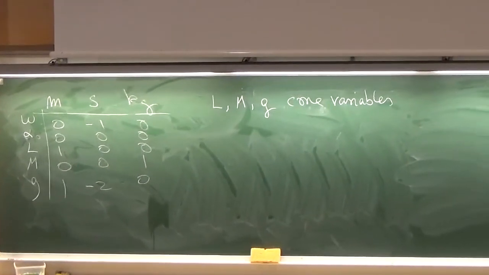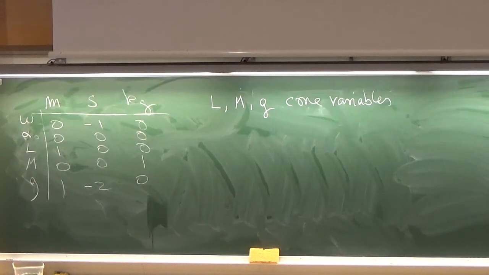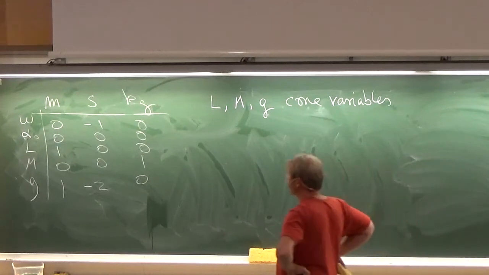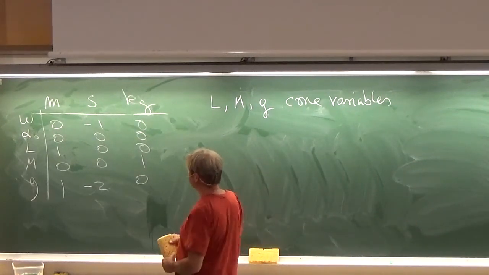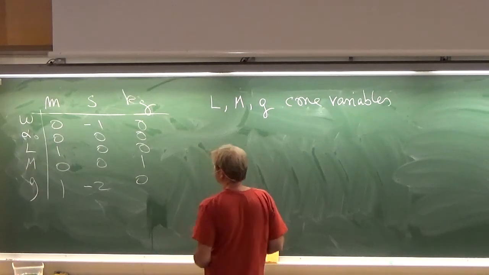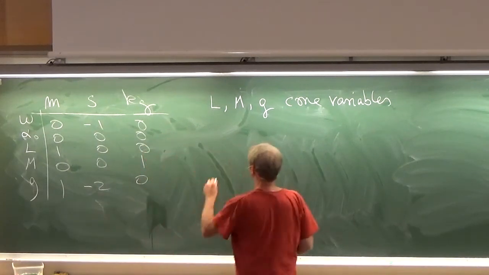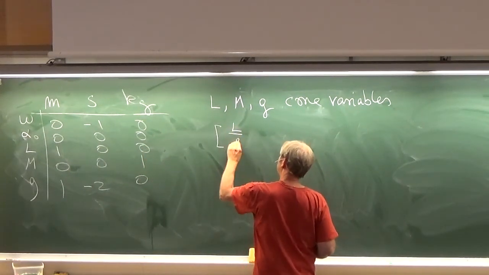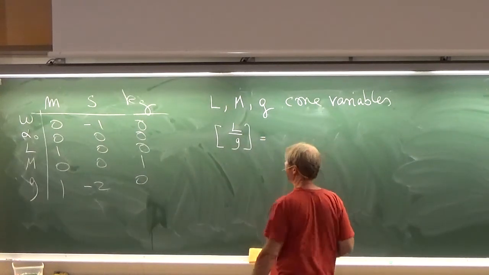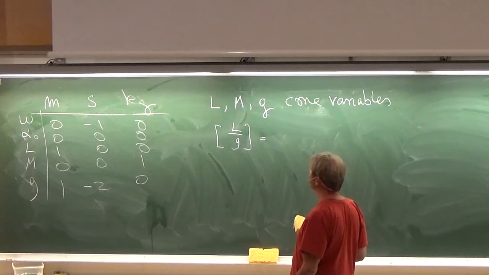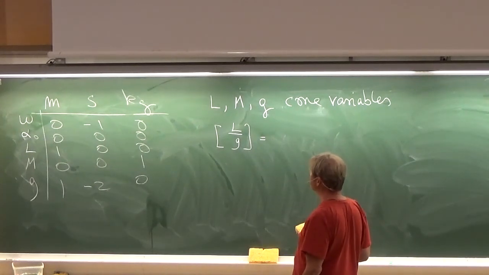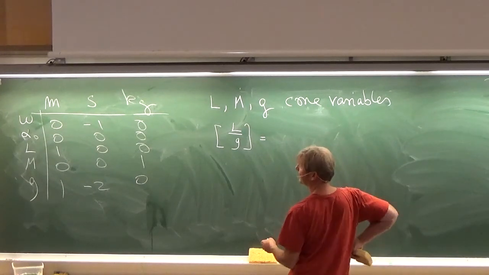So if I want to make dimensionless numbers now, we need this omega. If I take L divided by G, that's usually the way I do this stuff, L divided by G, what dimension does that have?